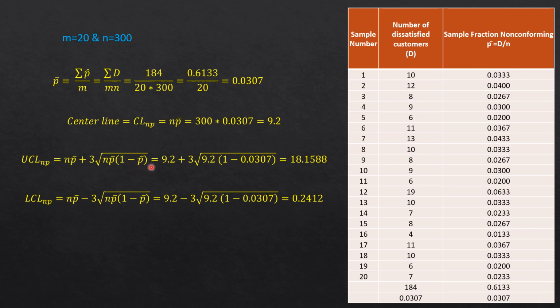In the upper control limit formula, we only need two data: first n, that is 300 given in the question, and p bar, which we already calculated. When we put all the values in this formula, we get the upper control limit equal to 18.1588. Similarly, the lower control limit for the NP chart we get is equal to 0.2412.